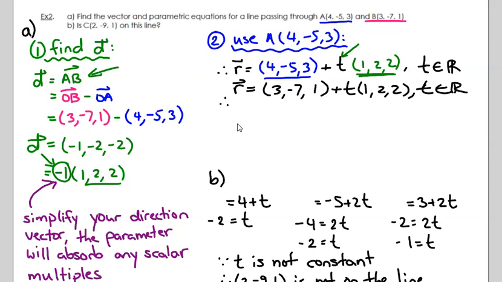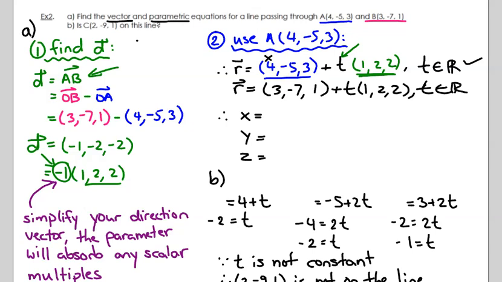However, if I actually want to put them into parametric equation, which they're asking for next, I might want to just choose one of them. I don't want to do both of them. Okay, so let's just choose the very first one. I'm going to move this down. I'm going to change this one to the parametric. So that's the one with the x, y, and z.